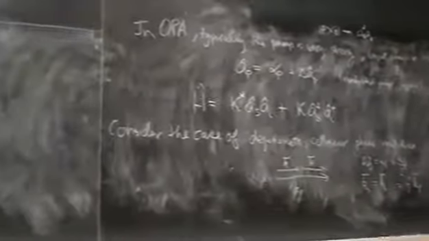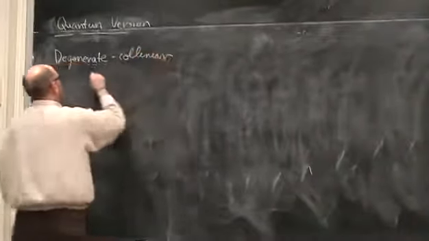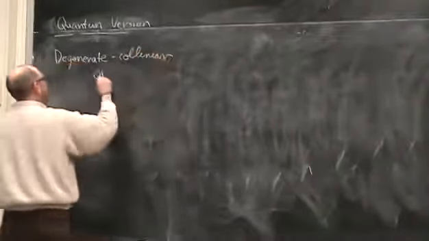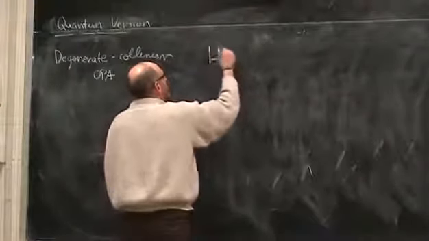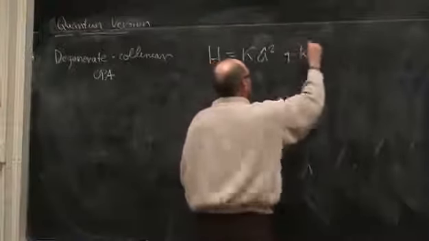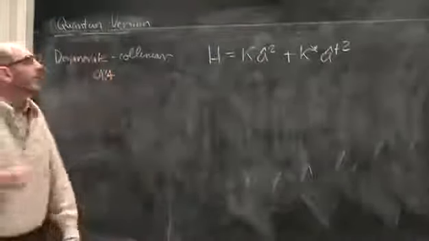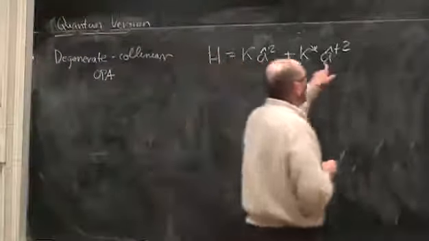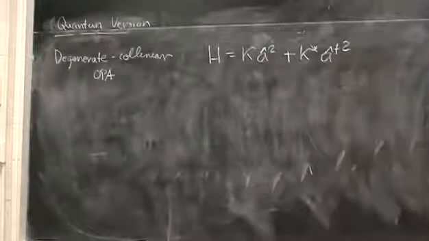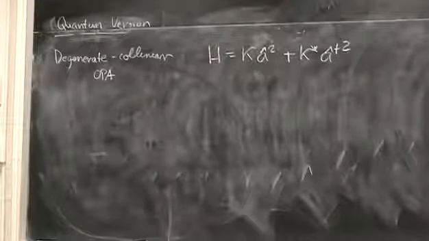So in that case, for the degenerate collinear OPO, or OPA, I'll come back to the OPO in a moment, my Hamiltonian has the form kappa A squared plus kappa star A dagger squared, where A now is the annihilation operator for the subharmonic mode, which is the signal and the idler, the same mode in this case.